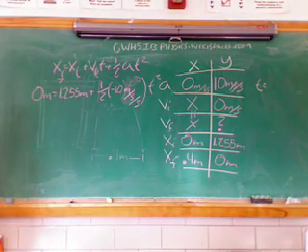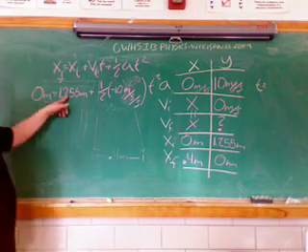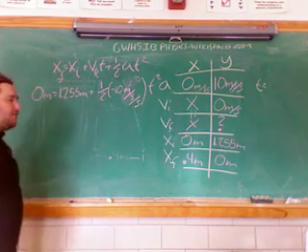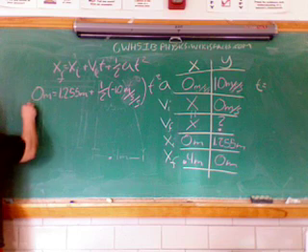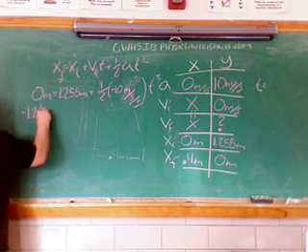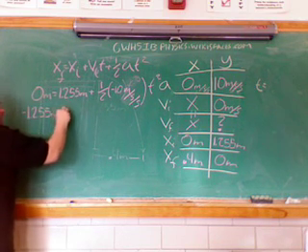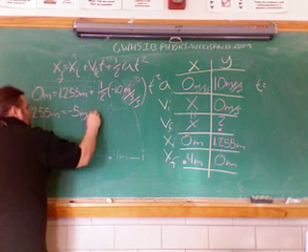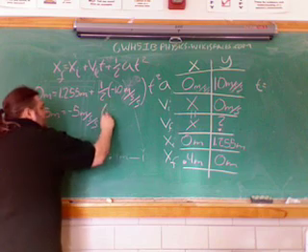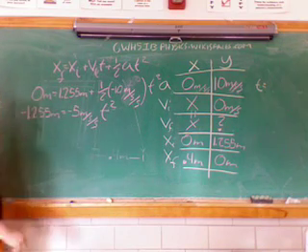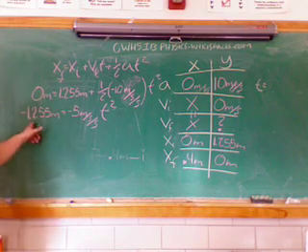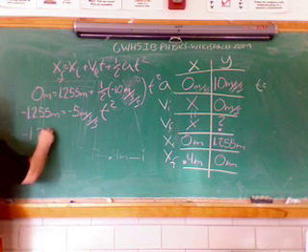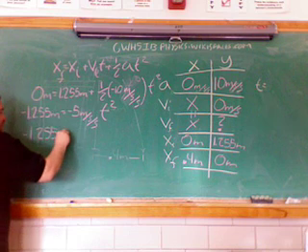So I'm left with negative 1.255 meters is equal to negative 5 meters per second squared t squared. I bring this term over to that side. I'm left with negative 1.255 divided by negative 5 meters per second squared equals t squared.